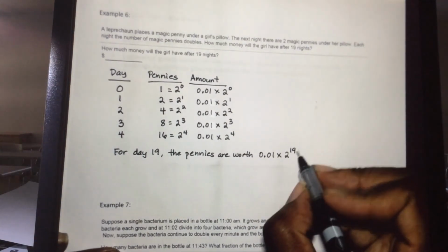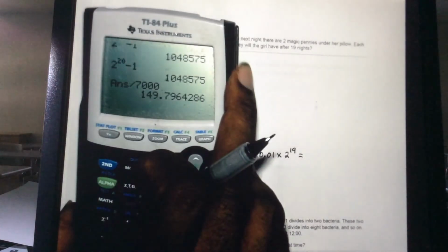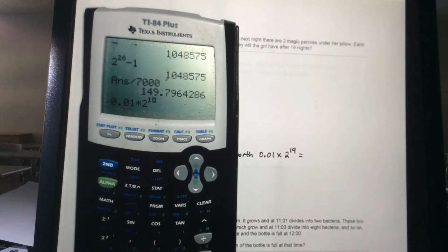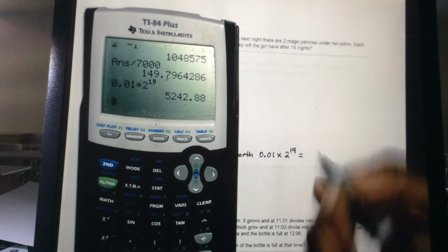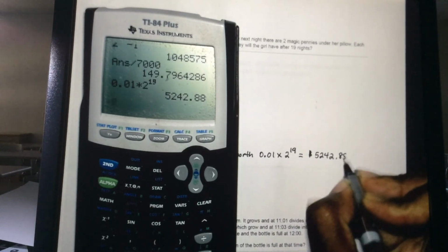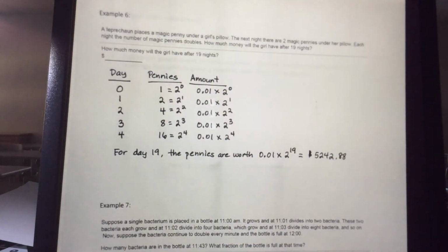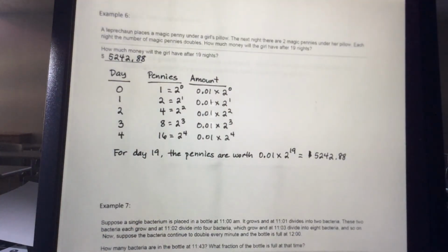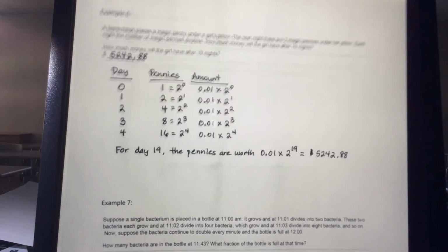So if I take 0.01 on the calculator, multiply that by 2 raised to the 19th, that will be the amount she will have. So on the 19th day, day 19, the girl will have $5,242.88. Okay, so that's how you do that particular problem on the impact of doublings.